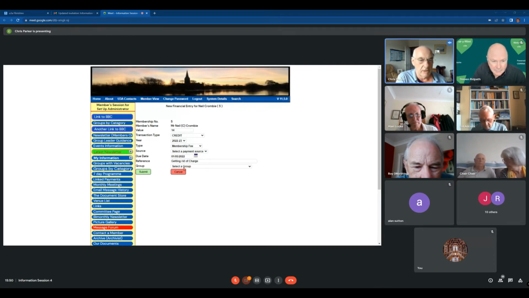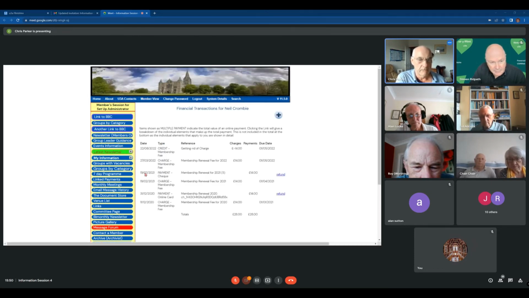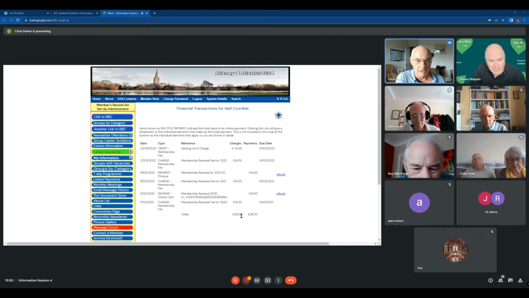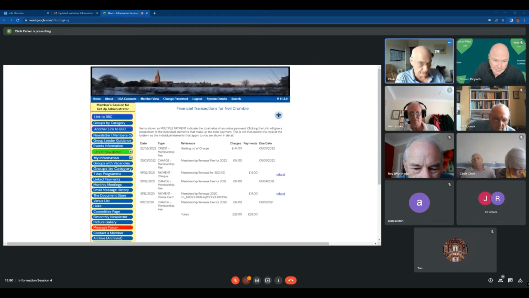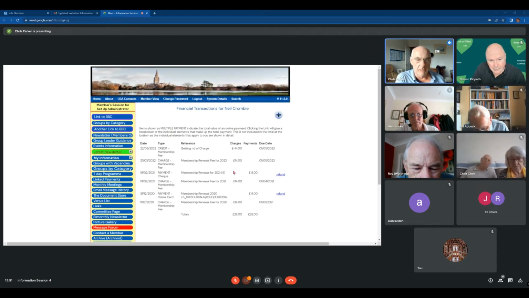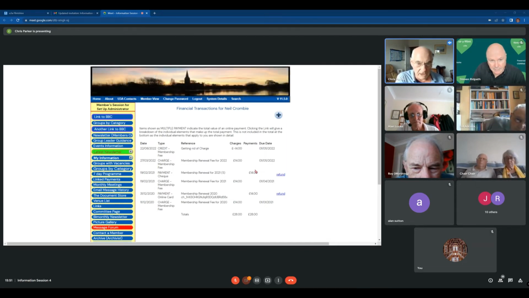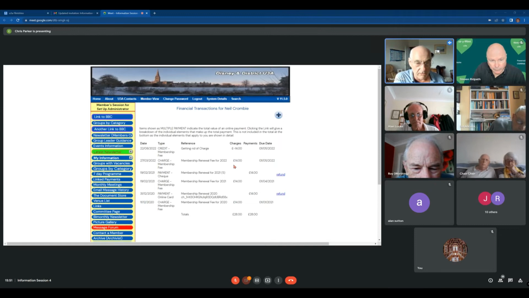And then selecting a group. The group, you select membership because it's a membership one. So that has now raised this £14 minus. So now you've got £28 on both sides, and so the person is back level. The member doesn't see this column, but they will have known because they will have an entry at the bottom which says £14 due for membership.